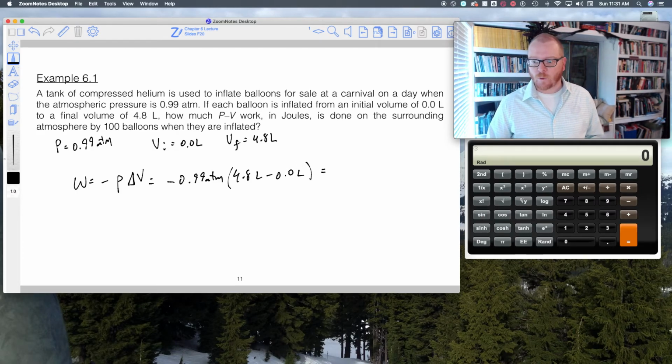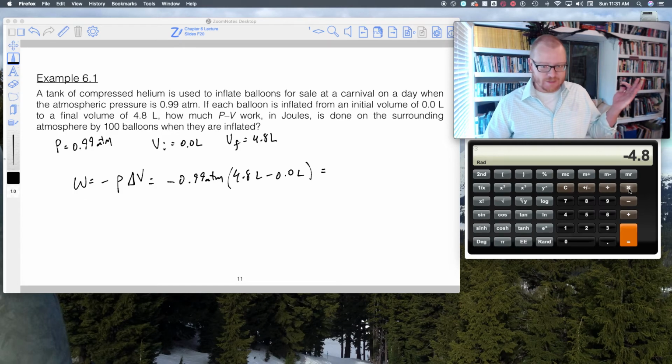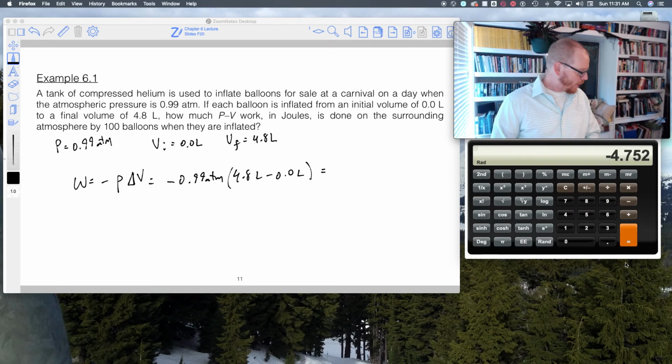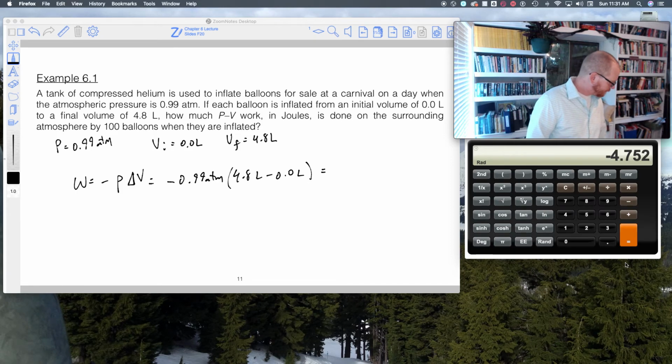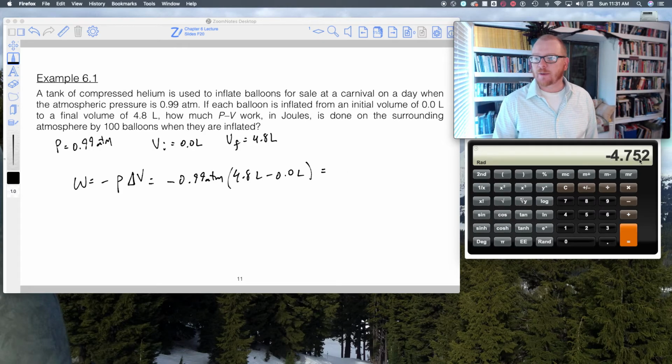And that's some quick and simple math. So I didn't do that in the right order, but all the same, it's still going to give me the right number. Okay, and with two significant digits, that's going to be negative 4.8.